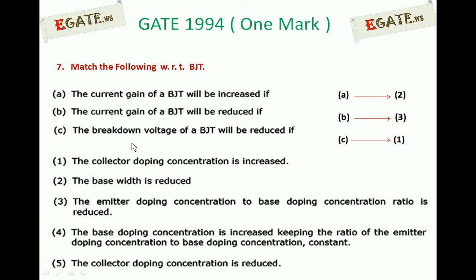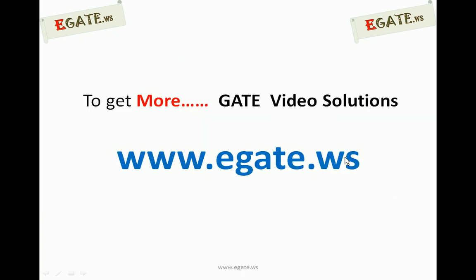And C, the breakdown voltage of a BJT will be reduced if collector doping concentration is increased. So these are the right options: A matching with 2, B matching with 3, C matching with 1. Thank you.